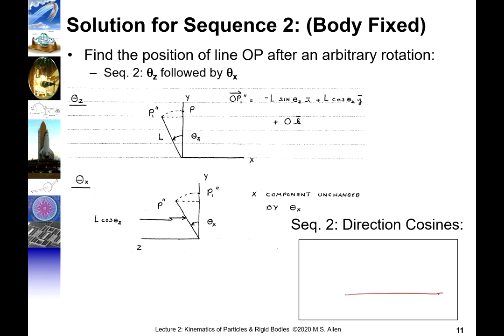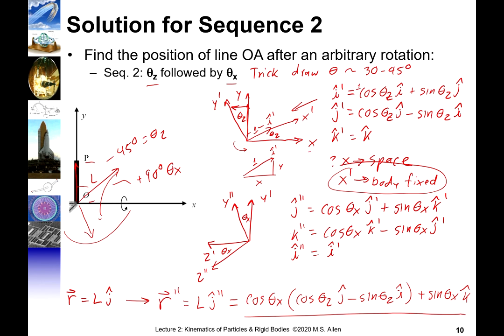So let's go back and look at this example and see how this might work as a rotation matrix. So here, for example, we're going from the prime coordinate system into the non-prime.